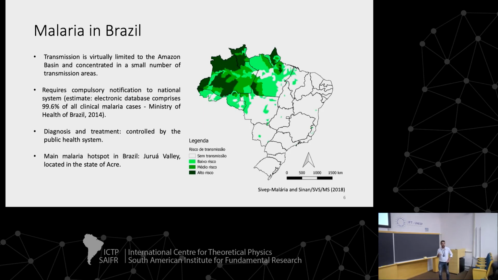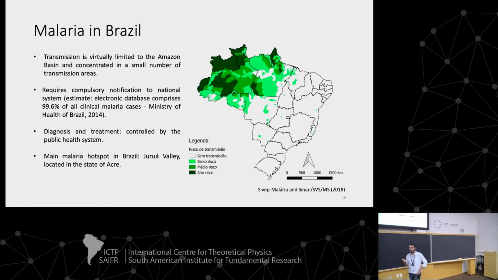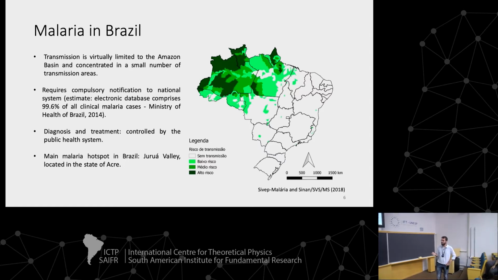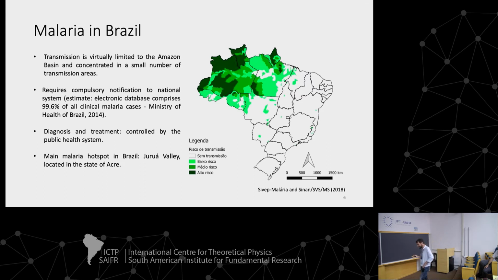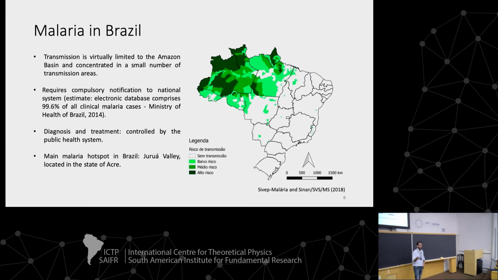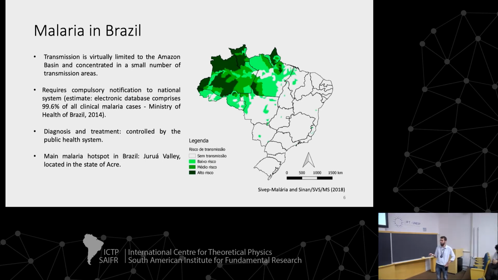So every case that is diagnosed and treated in Brazil is notified and enters the system of the Minister of Health. Also, the treatment is just done in the public system. You cannot go to a private clinic and diagnose and treat malaria. So in this scenario, we can assume that we have really good data to deal with.